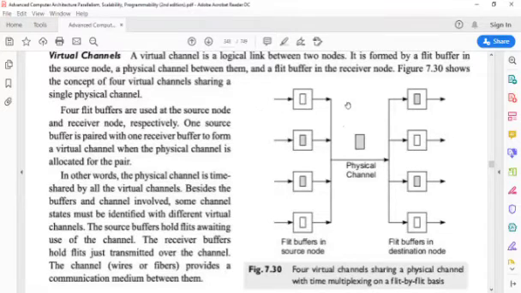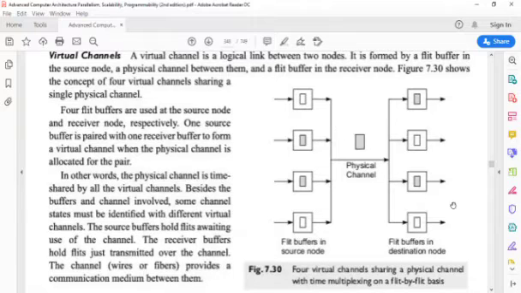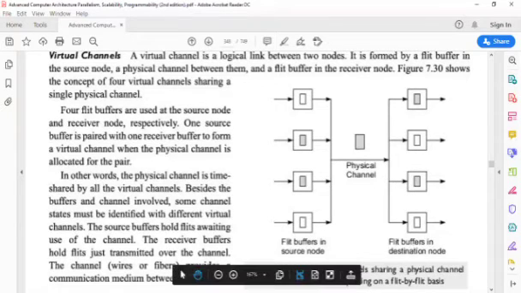That is, all the nodes from the source and the destination can share the physical channel in a time shared manner. When the source buffer holds a flit, it is waiting to use the channel. When the receiver buffer holds a flit, it has just been transmitted through the physical channel.